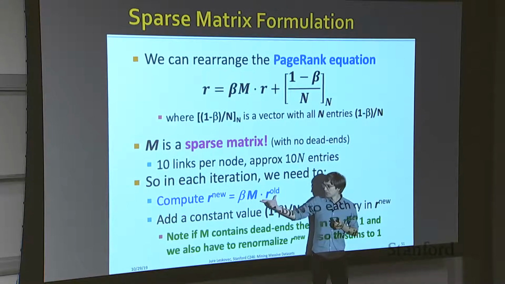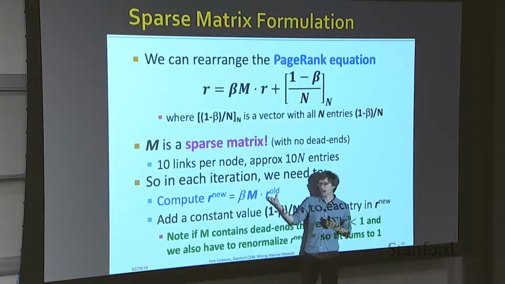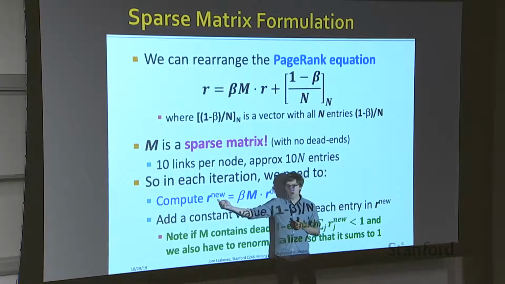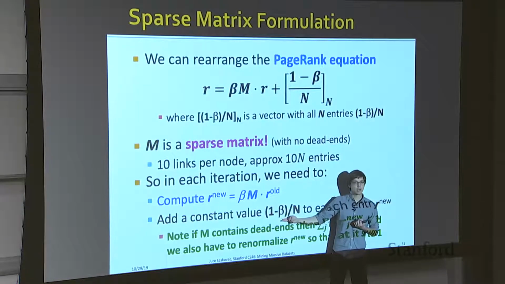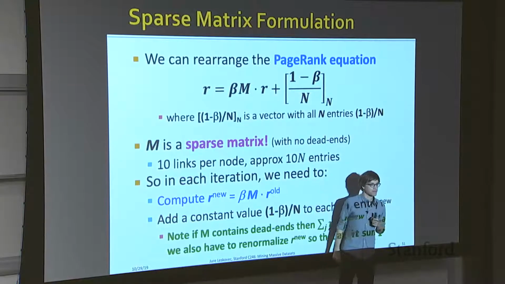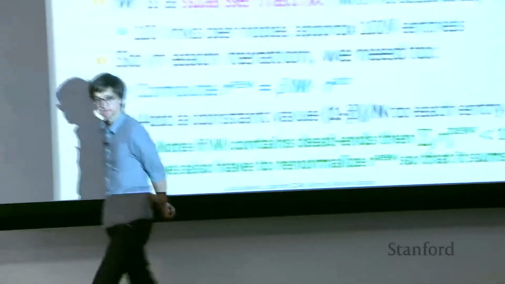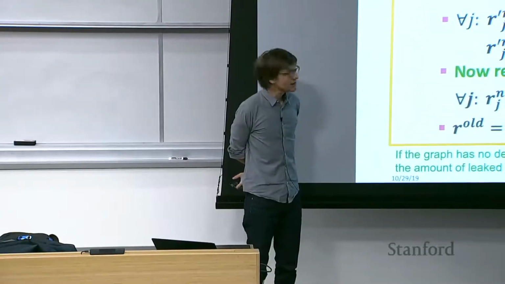So R new now says, given that the random walker was at R old, how likely is it to visit R new? And then another way to reach R new is to jump to it directly. This is the probability of that happening. And that's it.